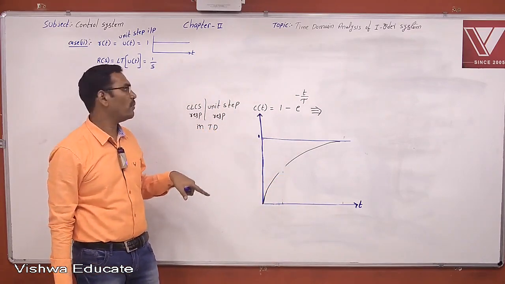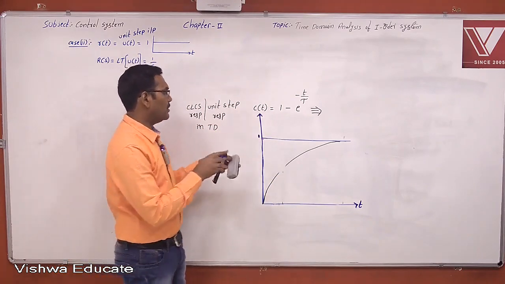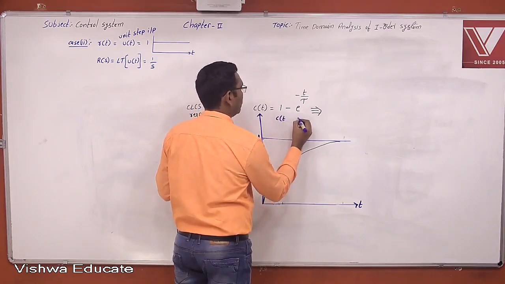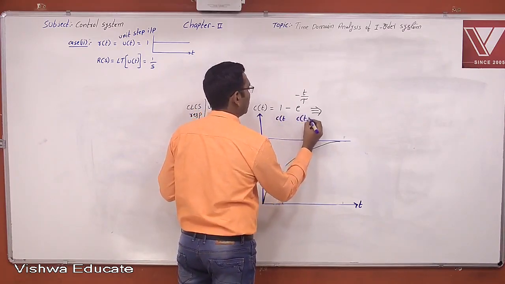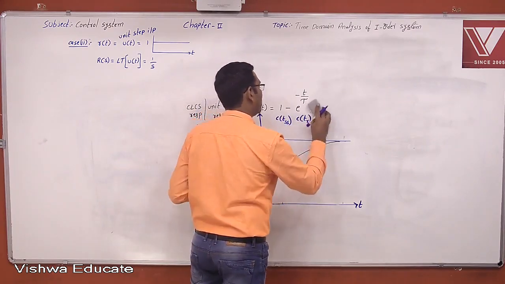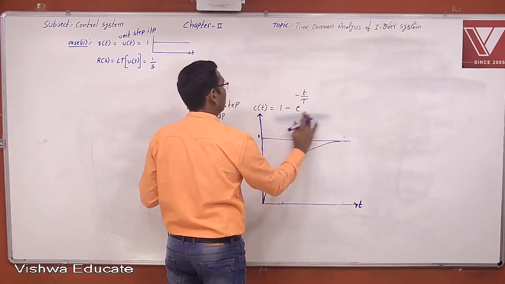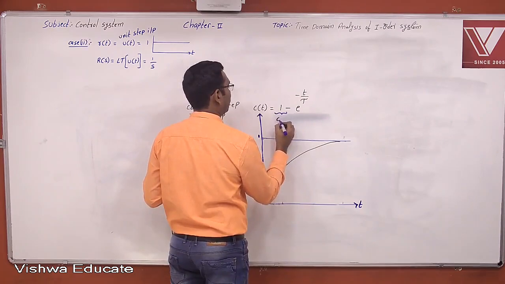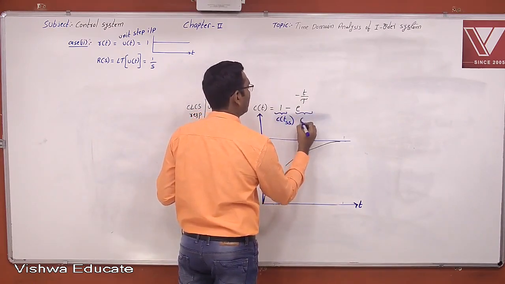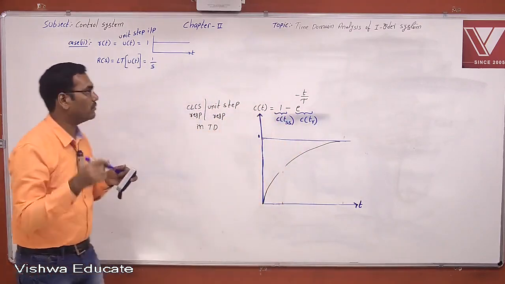Yes, the total time response has both a transient term as well as a steady state term. This is the transient term and this is the steady state term. So you can find the steady state analysis also, right?